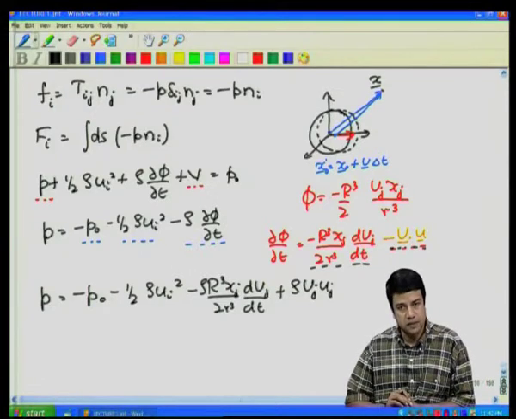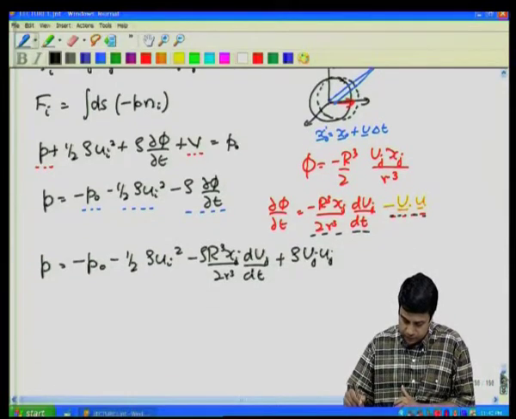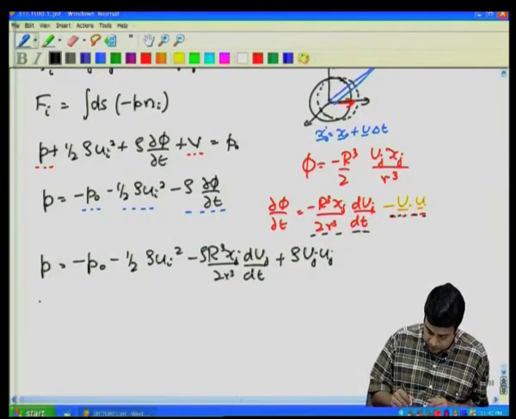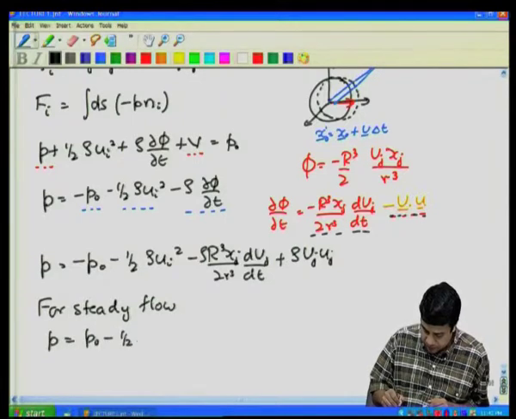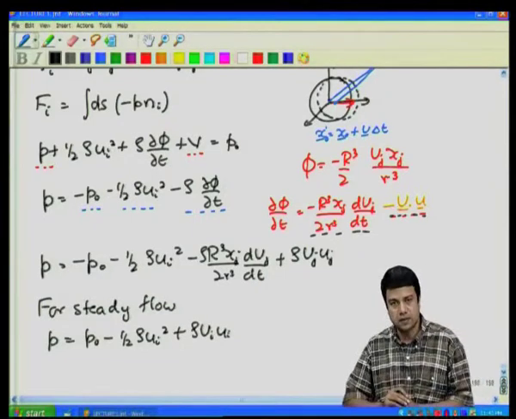So, for a steady flow, the pressure is just equal to P is equal to P naught minus half rho ui square plus rho ui times ui.